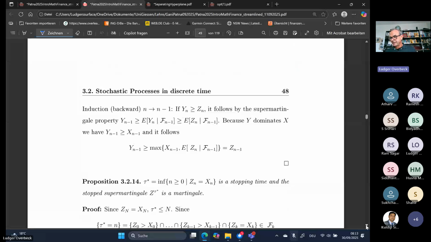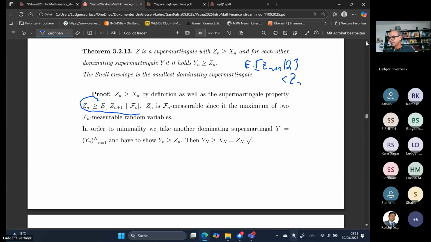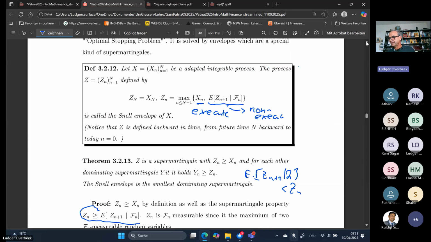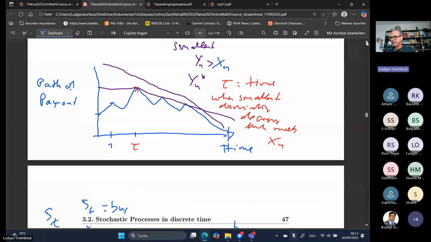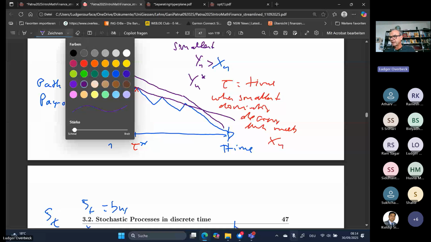And so this tau star, as I have drawn it in the picture, on a single path, is the first time we will see later. And then the violet one, if we stop it at this point, it just becomes straight.